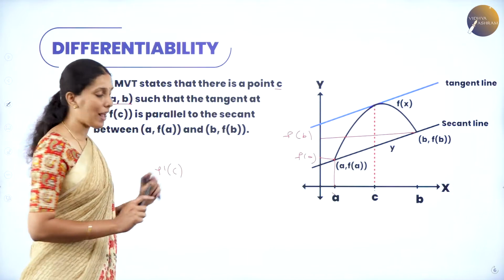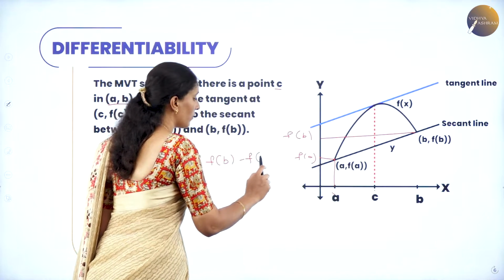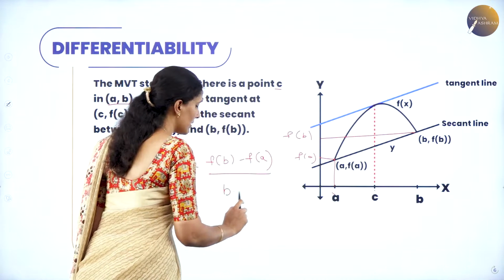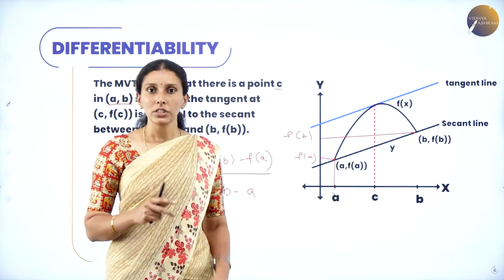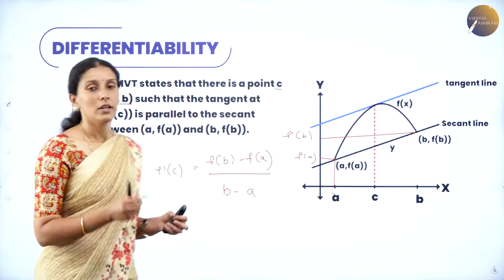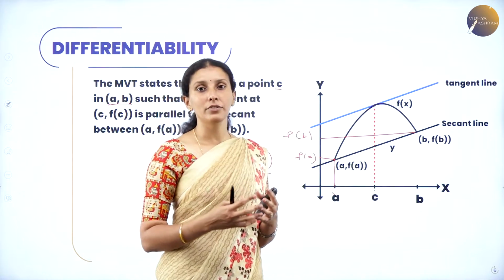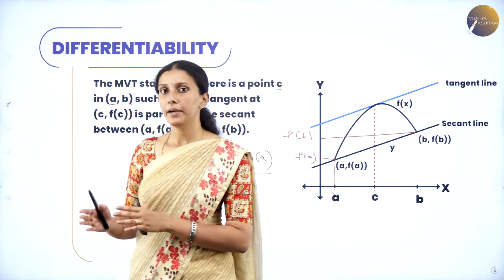In the mean value theorem, it is given by f of b minus f of a divided by b minus a. When this is satisfied by the given function, then we say the mean value theorem is satisfied.